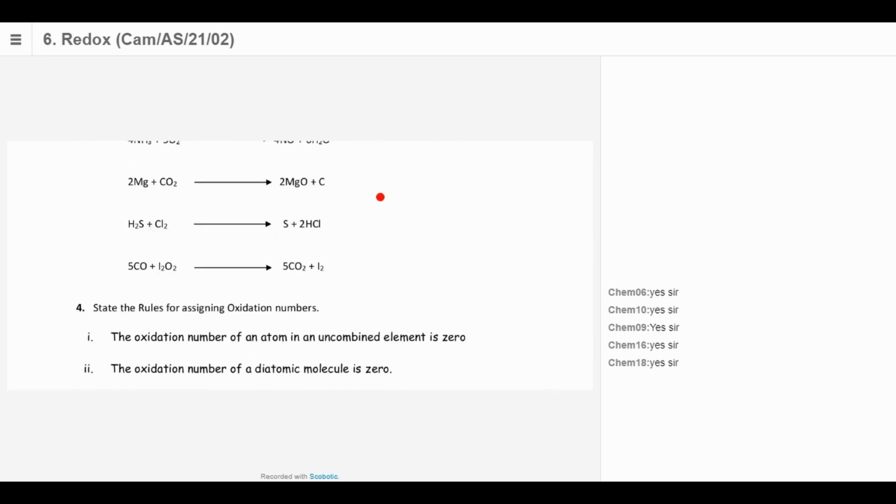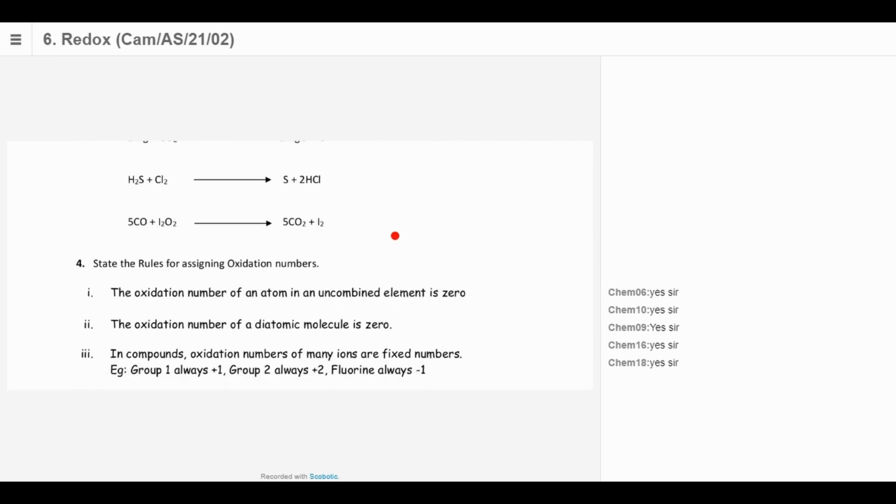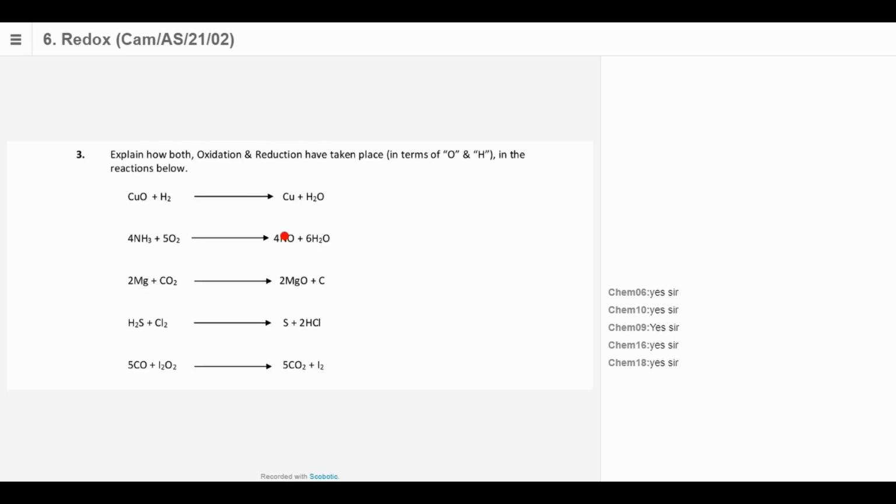And the most important rule being the sum of the oxidation numbers of a neutral compound equals 0, which means if you add the oxidation numbers together, that will be 0. Say magnesium is +2 and oxygen is -2. +2 and -2 is 0. And the sum of the oxidation numbers of a charged species is equal to its charge.